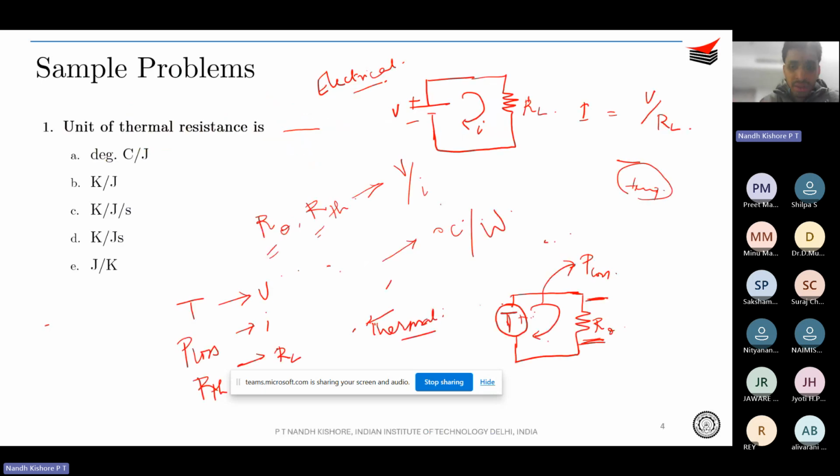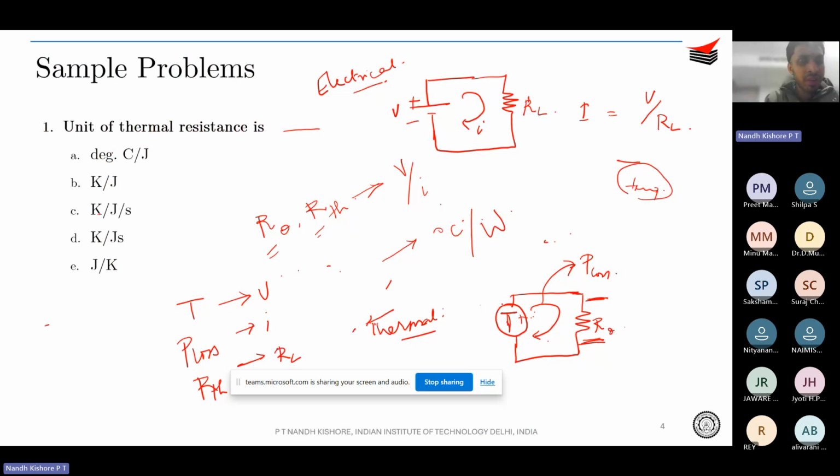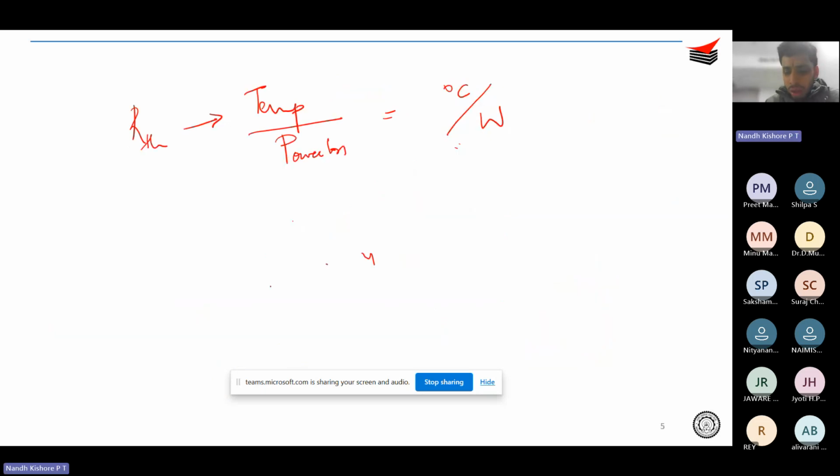So in the above example, nothing is given in terms of degree per watt. So we just need to figure out what that is. Okay, so here most of the examples are in terms of Kelvin. That's of course analogous to degrees, no doubt regarding that. But over here they have given it in terms of joules, right? So what is joule? Joule is something like watt into second, right?